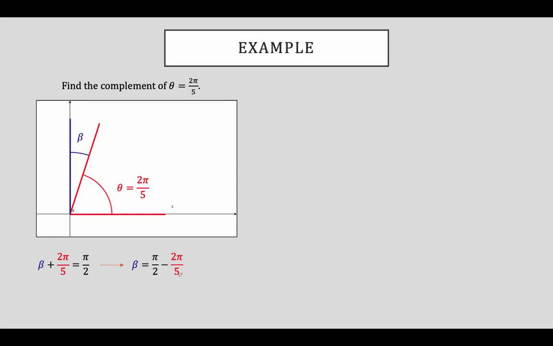My least common denominator in this case is going to be 10. I multiply my first fraction by 5 over 5. That gives me 5 pi over 10 minus, I multiply my second fraction by 2 over 2, minus 4 pi over 10. And 5 pi over 10 minus 4 pi over 10 gives me pi over 10 for my complement.